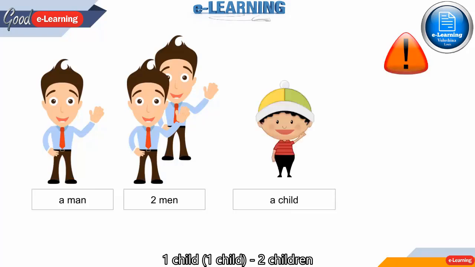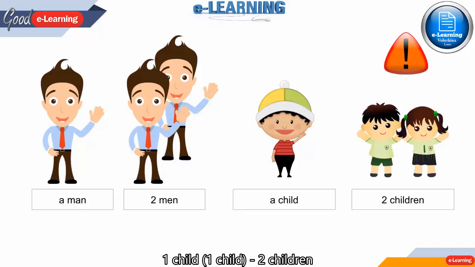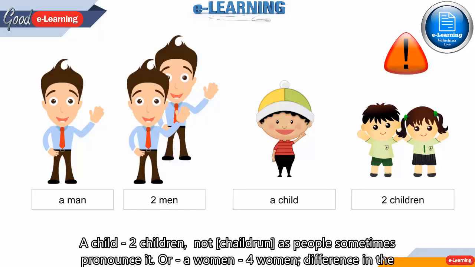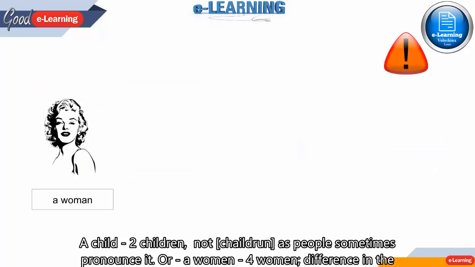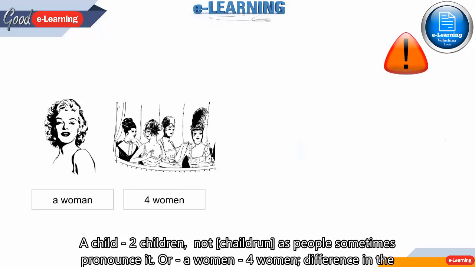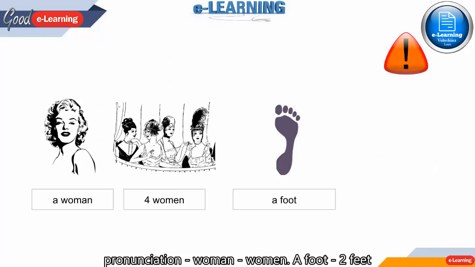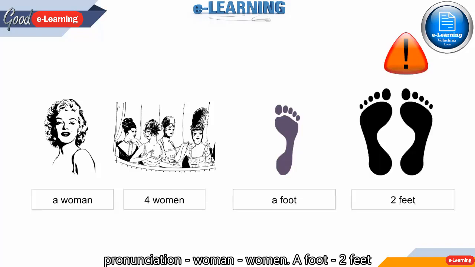A child, one child, to children. Be careful here. A child to children, not childrens, as people sometimes pronounce it. Or a woman to women. Difference in the pronunciation. Woman, women.